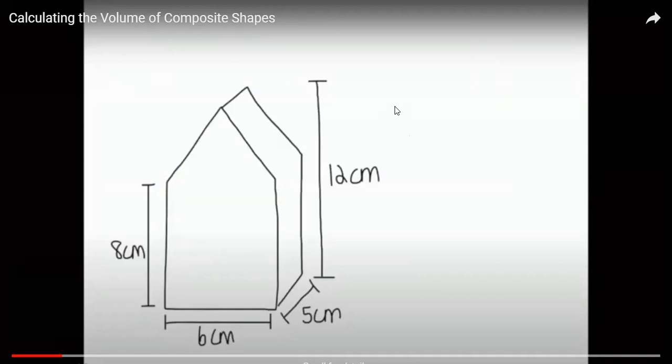Yes, it's also like a house, but it's also a triangle and a rectangle. No, it's a rectangular prism. Muhammad, you said it's a cube, right? Look at the dimensions. The dimensions are different, so we cannot say that it's a cube.